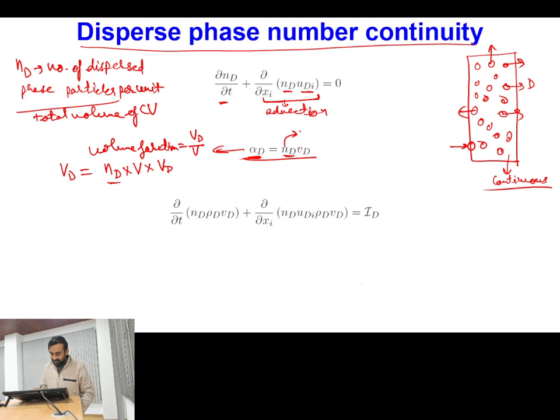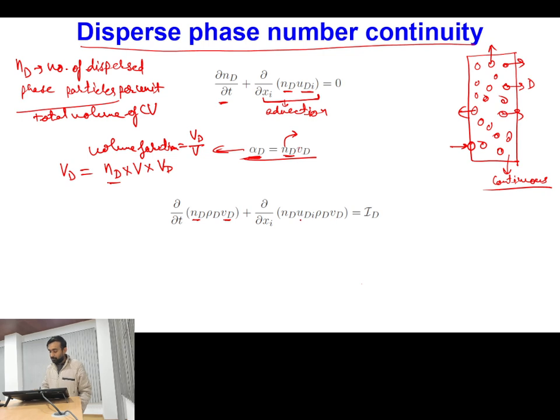So now if I substitute this definition of alpha d in my original continuity equation, what will I get? In place of alpha d, I have written Nd into Vd. Is this point clear? You have to recall the original continuity equation: del by del t of Nd rho d into Vd plus del by del xi of rho d into alpha d into Udi.